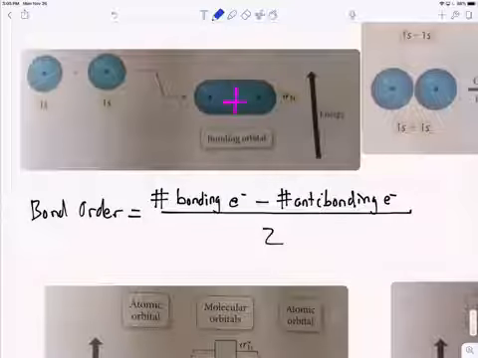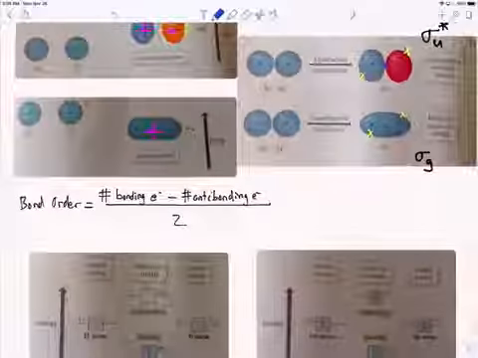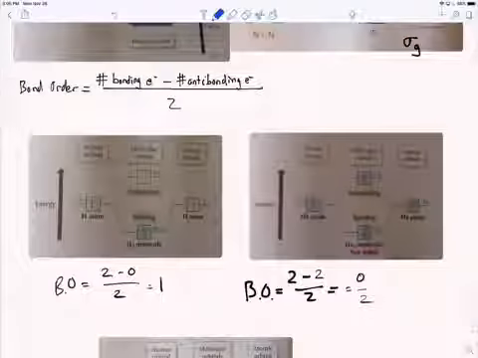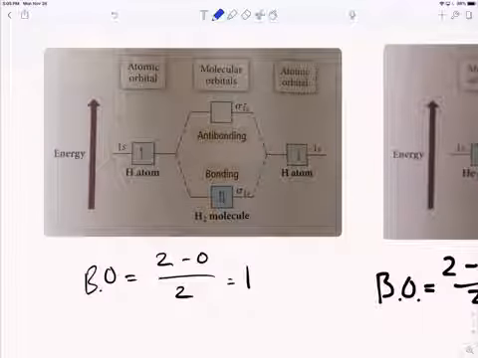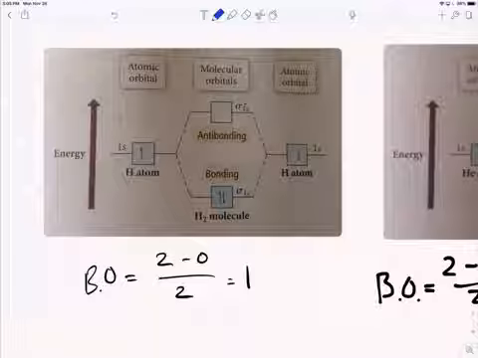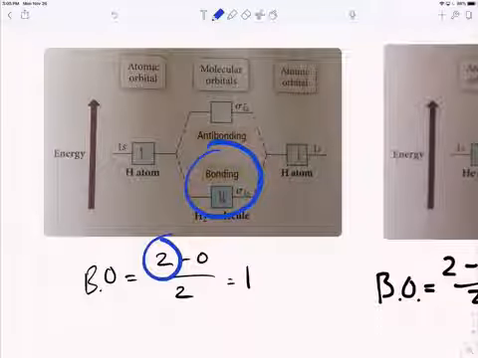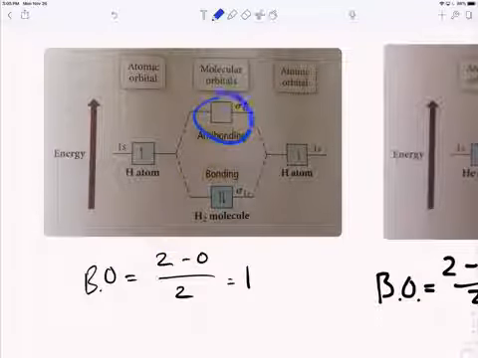The bond order is the number of bonding minus the number of anti-bonding, divided by 2. So, for instance, the hydrogen molecule, if there's 2 hydrogens, there will be 2 bonding electrons there, 0 in the anti-bonding, and that's 2 over 2, or 1.